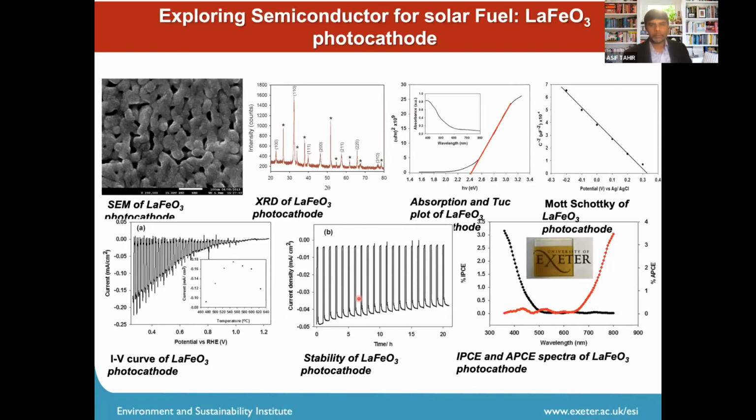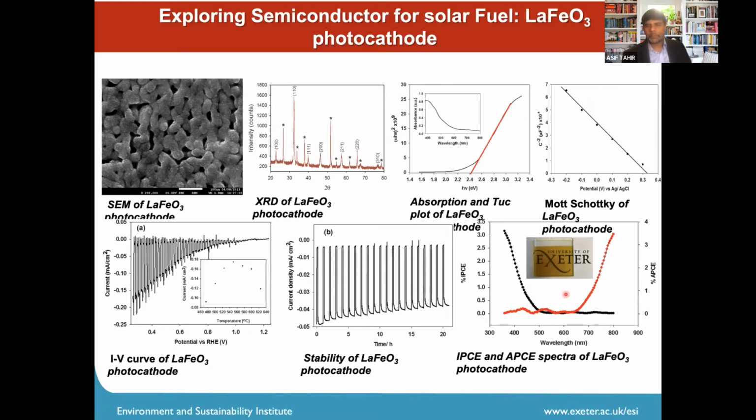We have tested this one for up to 33 days. However, due to the chopping, the data is shown for only 20 hours, and the material has been chopped continuously to evaluate the effect of any charge accumulation onto the surface.